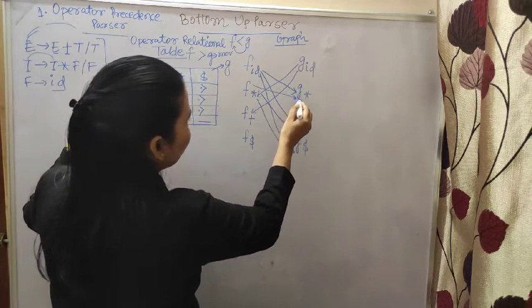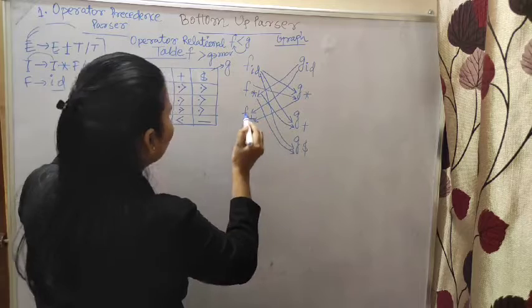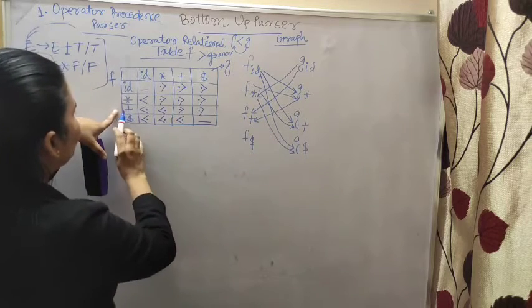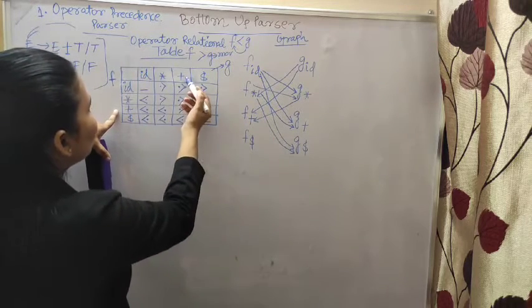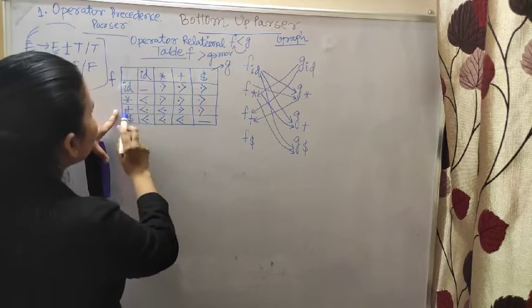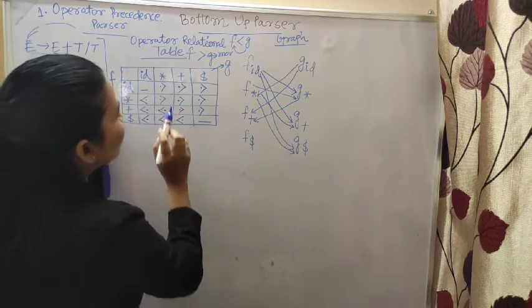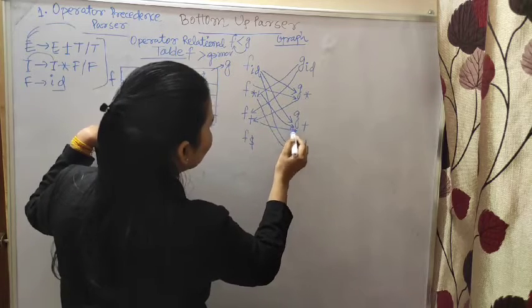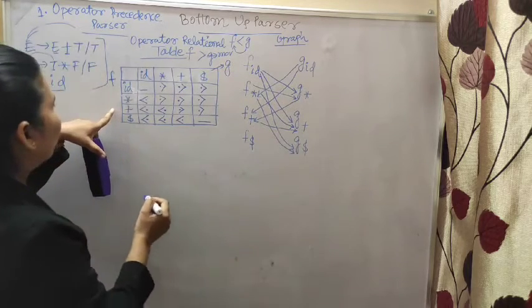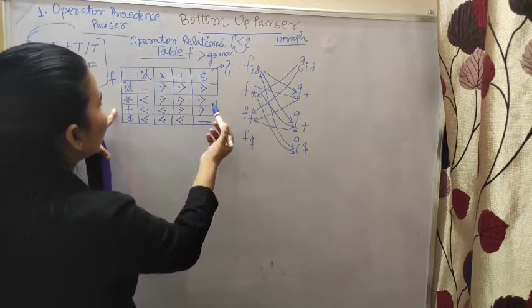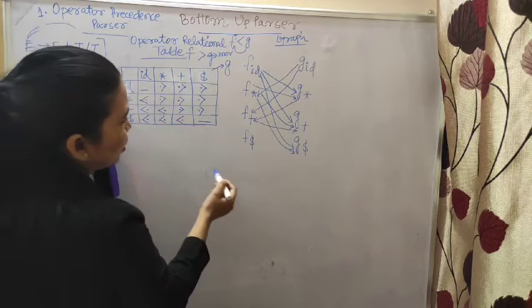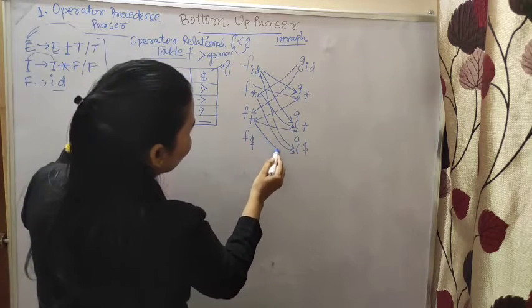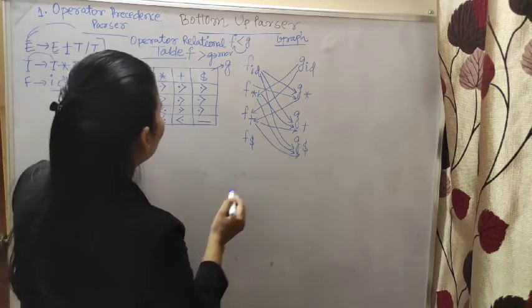Now F plus to G plus, greater than is given, so F plus is moving to G plus. Now F plus and G dollar: F plus is going to G dollar.